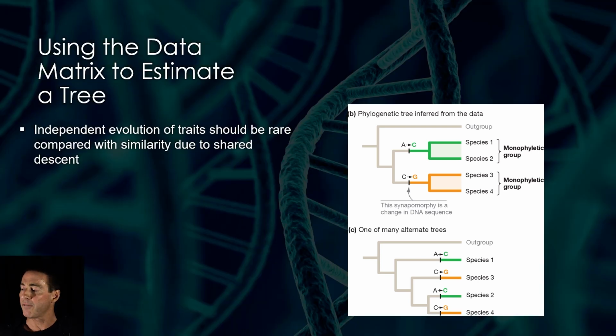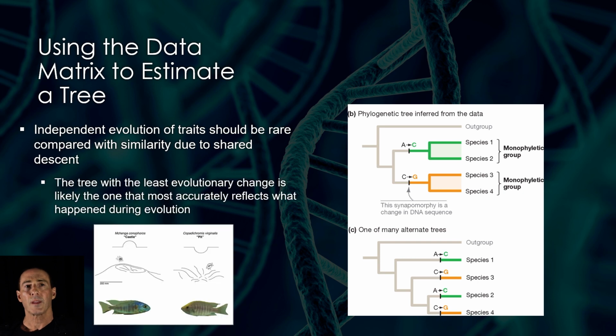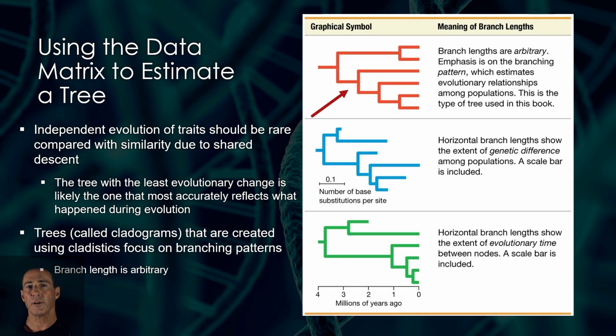Since independent evolution of traits should be rare compared to, say, similarity due to shared descent, the tree that implies the fewest overall evolutionary changes is hypothesized to be the one that most accurately reflects what really happened during evolution. Trees created using cladistic analysis are called cladograms, and they focus on the branching patterns.